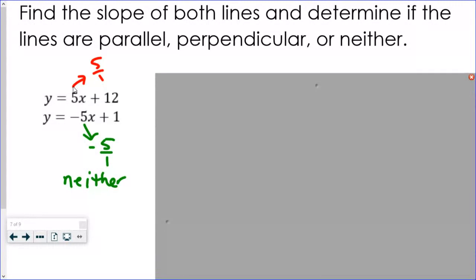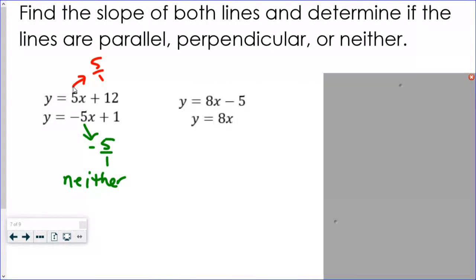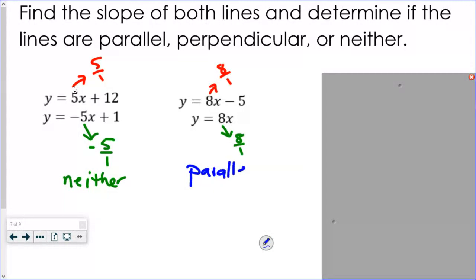Okay, now slopes are always just in front of the x. So it doesn't matter what the y-intercept is, not looking at that at all. So that's 8 over 1. Remember, when you have a whole number, you can put it over 1. They are the same slopes, so this is parallel. That's shorthand for parallel.